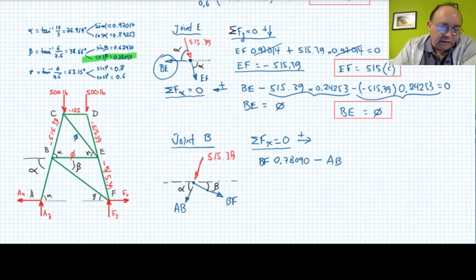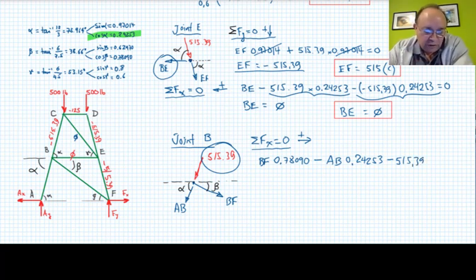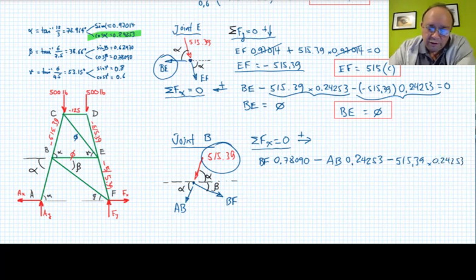Cosine alpha is this one right here, 0.24253, minus 515.39 cosine alpha, right? Because this angle here is alpha, so cosine alpha, and cosine alpha is again 0.24253, equals 0.